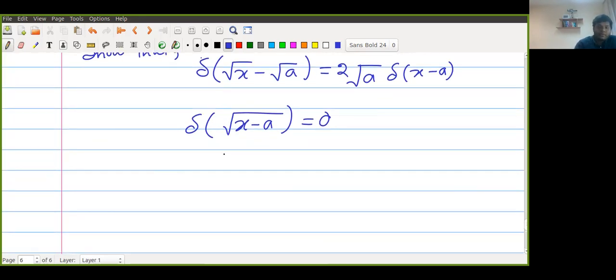Or you can prove delta of square root of x square minus a square equals 0. So these three will be your homework. In the next video, I'll discuss some properties of the Dirac-delta function, how we do the derivative of the Dirac-delta function, and a few properties of the derivative of the Dirac-delta function.